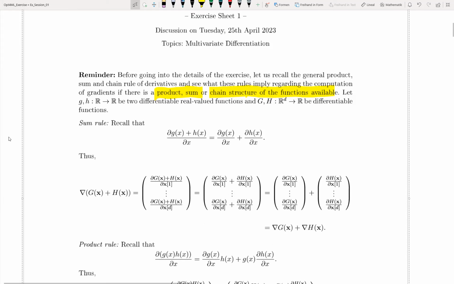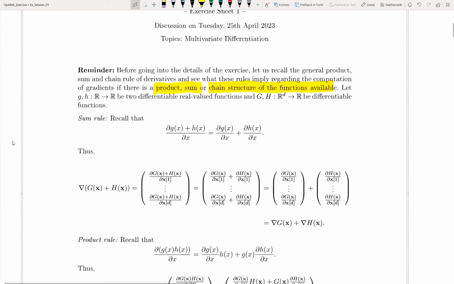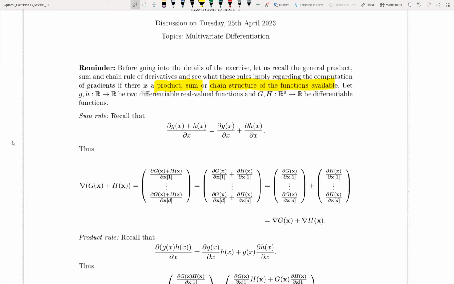So let's have a short reminder and then quickly check that this is really true for the multivariate case, for the gradients as well.